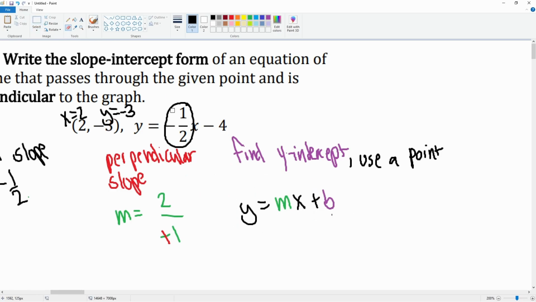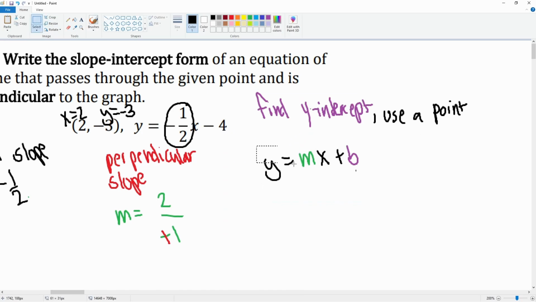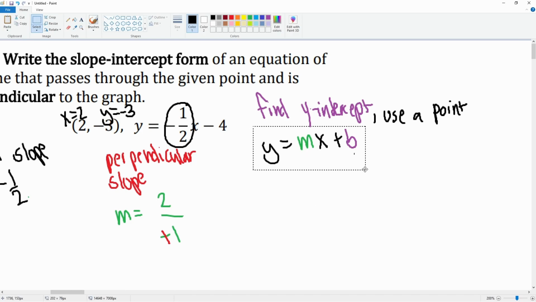Give me a moment while I clean this up. Here we go. So here's what we need, and let's make the substitution here. The m gets plugged in with the number 2, or 2 over 1, same thing.